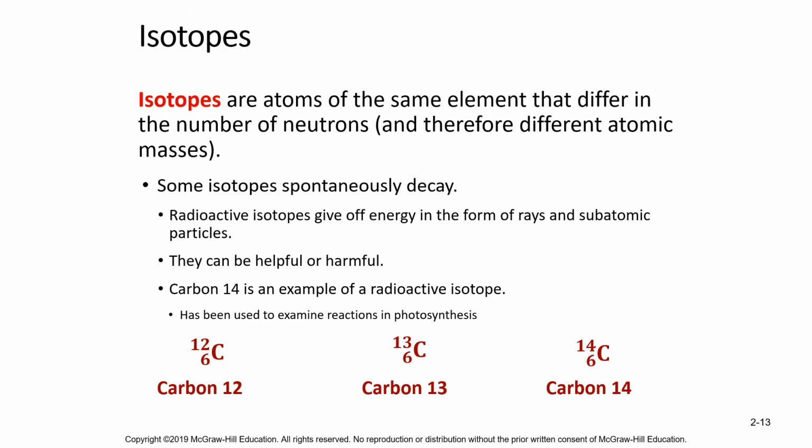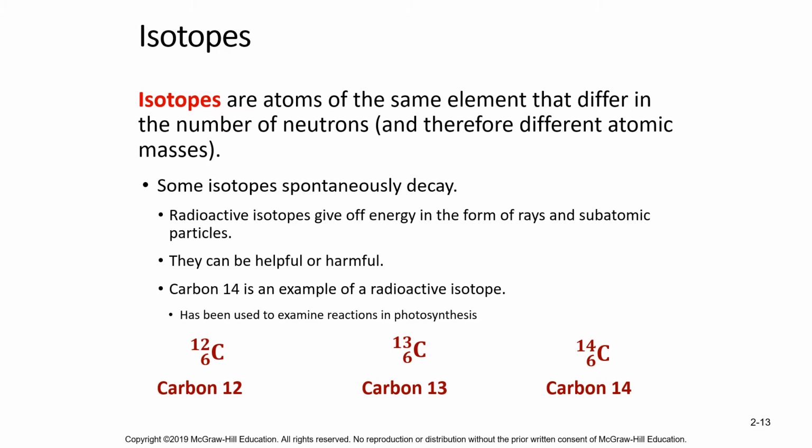Alright, so the proton number is what makes an atom unique, what makes an atom of a certain element. So carbon has 6 protons. If you change the proton number, it becomes either nitrogen, or I forget what happens if you go the other way, but it becomes a different element.